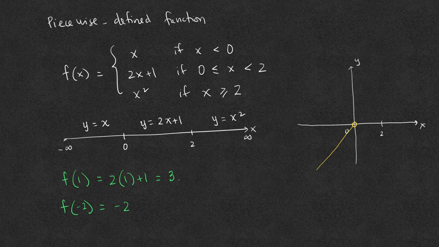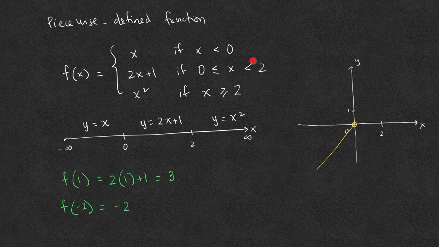Next, we would graph 2x plus 1, but only between 0 and 2. When x equals 0, 2 times 0 plus 1 is 1. And so one point on this line is y equals 1. Even though 2 is not included in the second formula, we can simply interpret it as an endpoint.